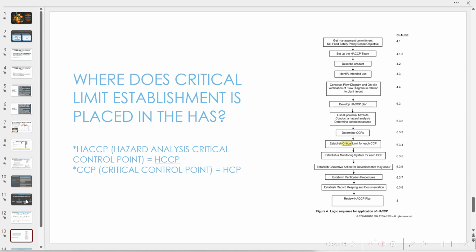So where does critical limit establishment is placed in the halal assurance system? So actually, for your information, we took the halal control point from one concept we call HACCP. Sorry, Hazard Analysis Critical Control Point. So they adopt this hazard analysis critical control point, HACCP, and then from this HACCP they establish a halal critical control point.